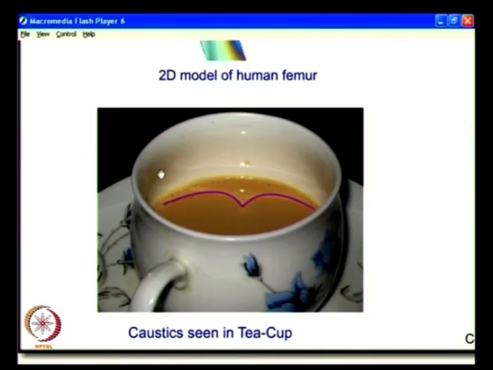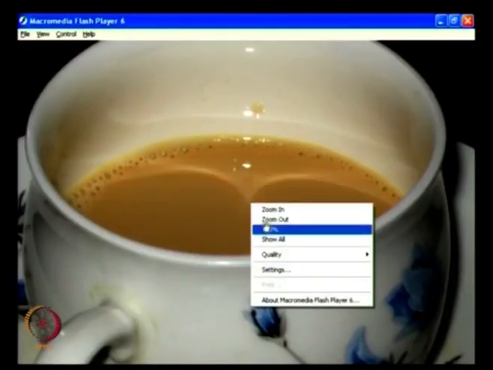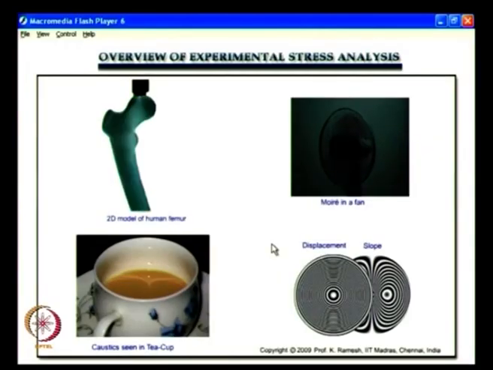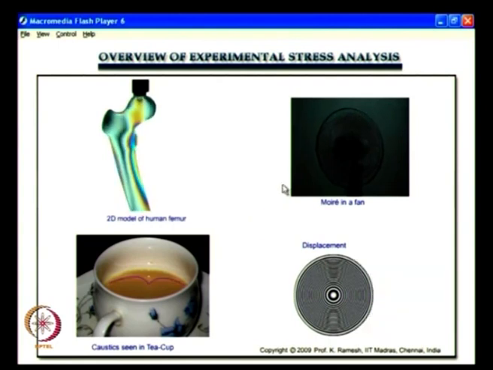What happens is, when light gets reflected on the curved surface, it gets reinforced and you have a cusp, and this can be seen on any shallow filled containers with appropriate lighting, and this phenomenon is called caustics. And this physical information is exploited in a technique called method of caustics, which is used for measurement of high stress concentration. How it is done, we will see as part of the course.